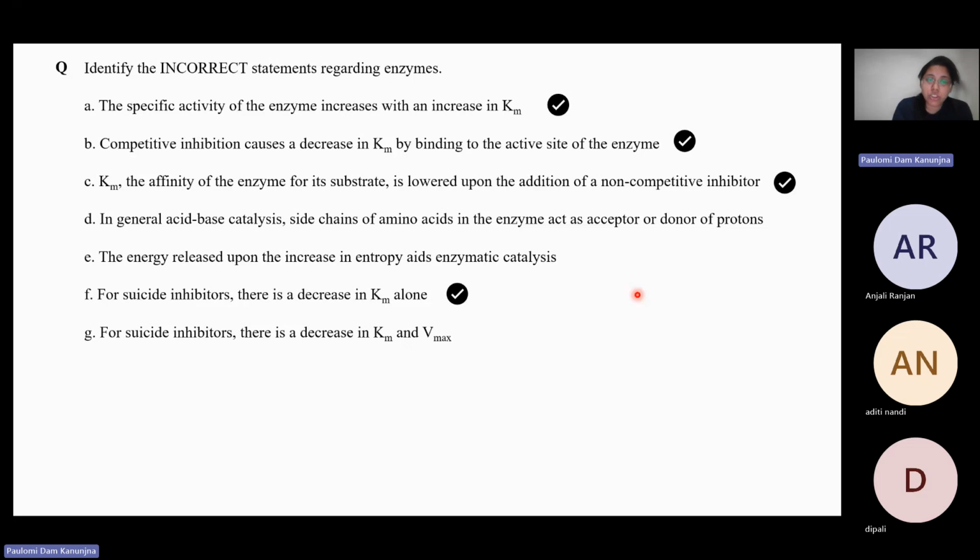Now, I think for E, most of you have not got it right, which says the energy released upon the increase in entropy aids enzymatic catalysis. You did say it was incorrect. Well, this is correct, because it says the energy which is released upon the increase in entropy.